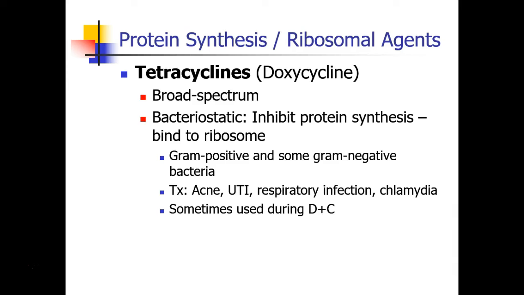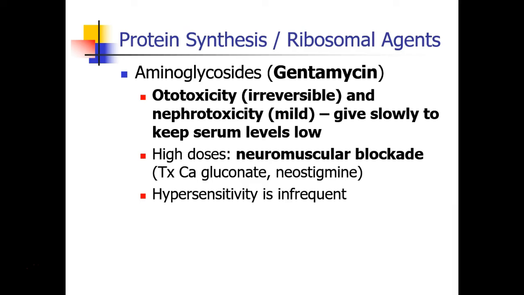If we're just talking about 80 milligrams, you can give it as a slow bolus, but higher doses should probably be put into a bag and infused over a period of 15 to 30 minutes. At high doses, aminoglycosides can cause neuromuscular blockade, and hypersensitivity reactions to these drugs are not common.